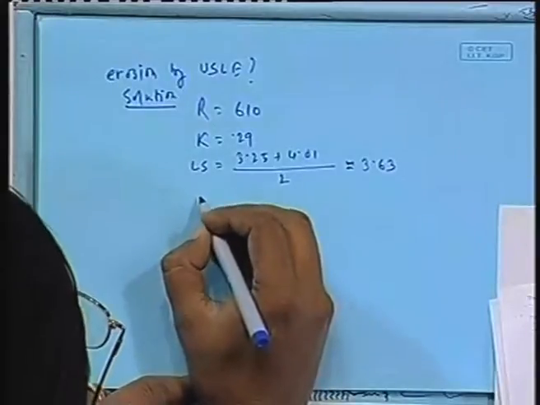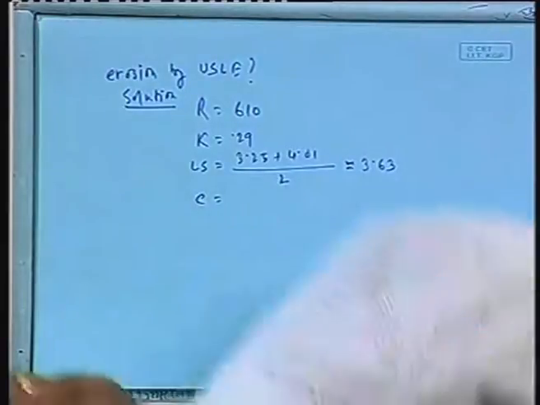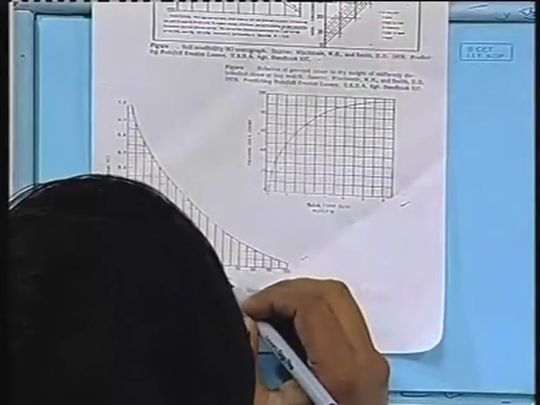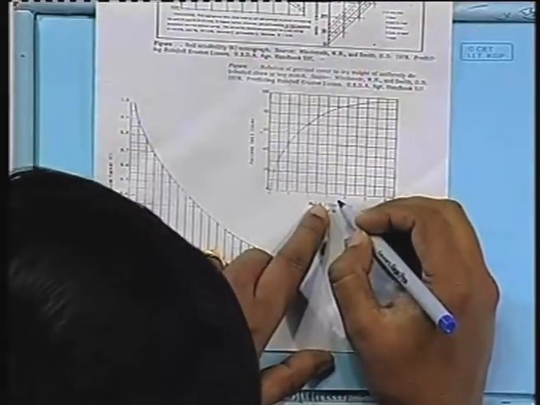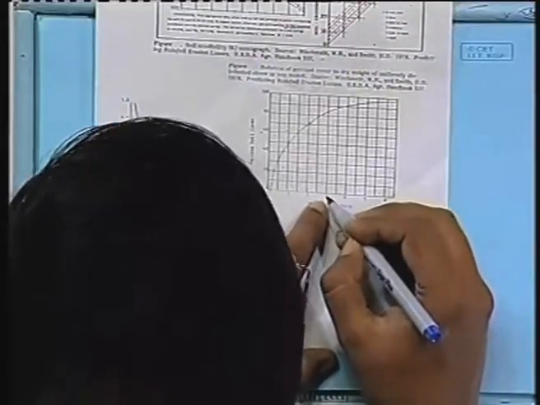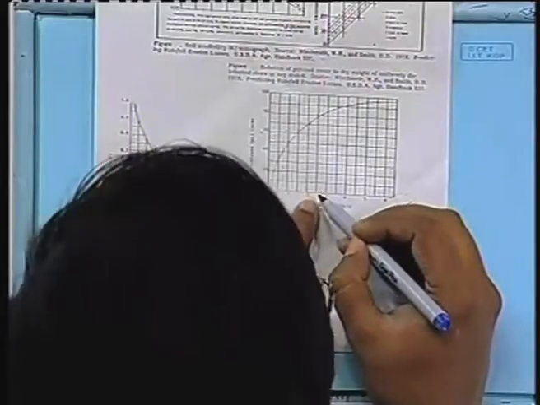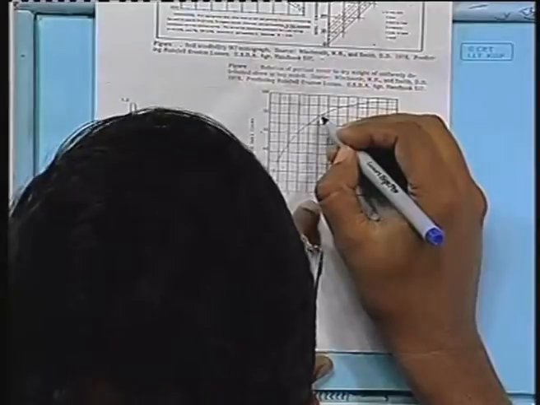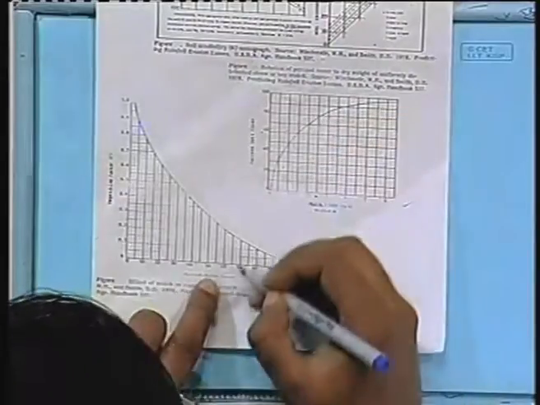Yes, okay. Now the next is C. I have already explained how to find out the value of C here. C is the percentage mulch cover. The effective mulch that has been spread is about 2,500 pounds per acre, so it is 2.5 here. 2.5 would mean about 80% of the soil cover.